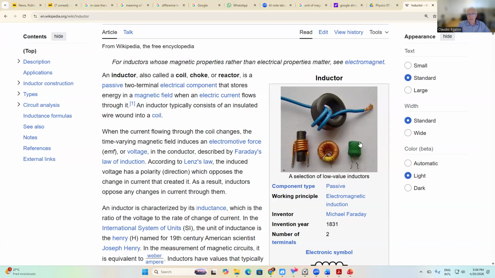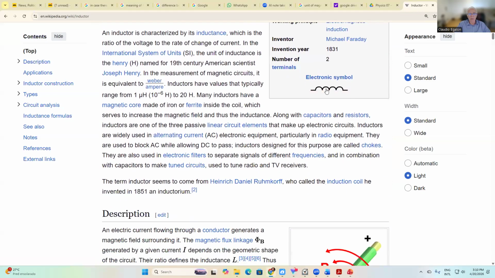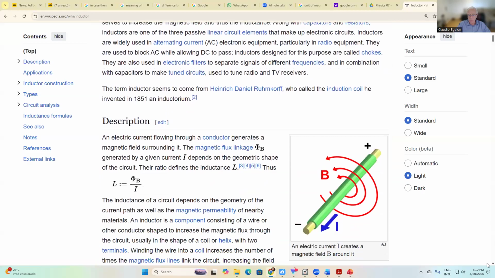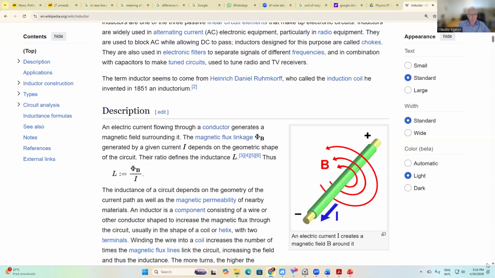Most likely we have some turns of wire here. Here's also an inductor, right? This is a toroid-like inductor, but he didn't wind everything around it. That's what an inductor looks like. And that's the symbol, the electrical and electronic symbol for the inductor.